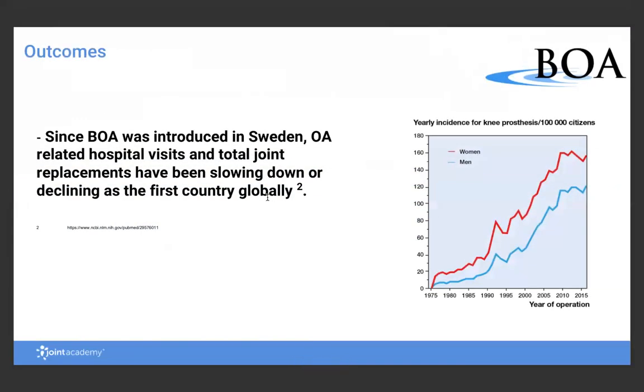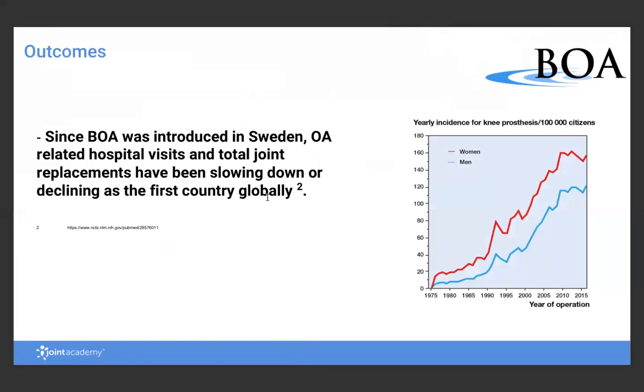So what was the effect on downstream medical costs? So if you look back to the graph that I showed for the US joint replacements, it's going straight up in 2020. If you look at the graph in Sweden, after about 4 years of BOA, it went down. Sweden's the only industrialized country that actually had a downward trend in orthopedic utilization for osteoarthritis, which usually relates to joint replacement.